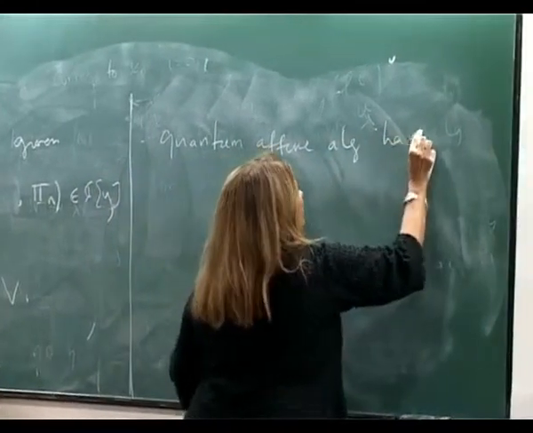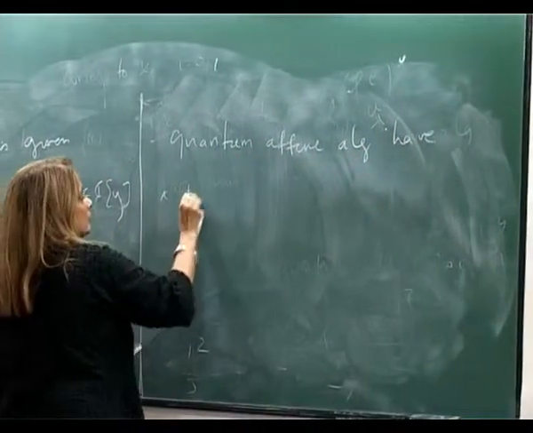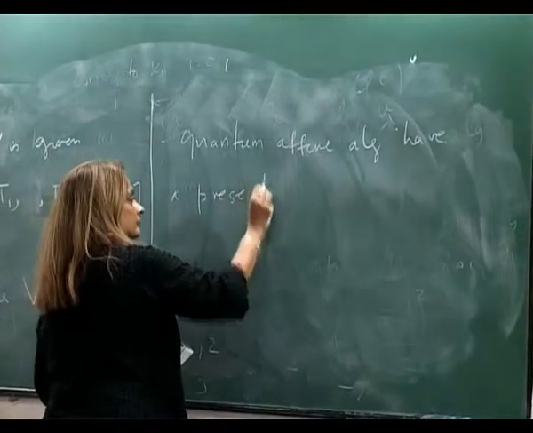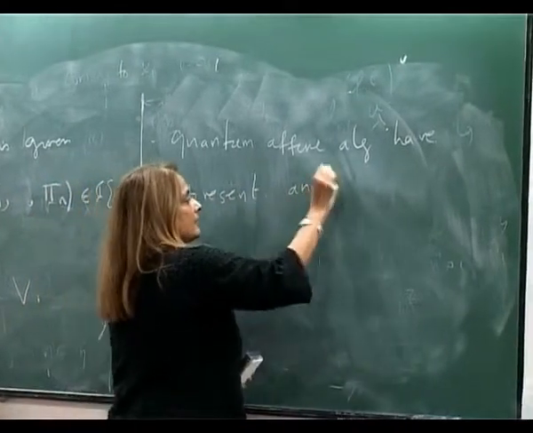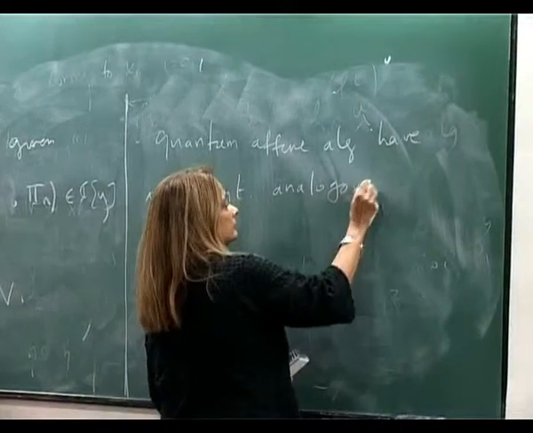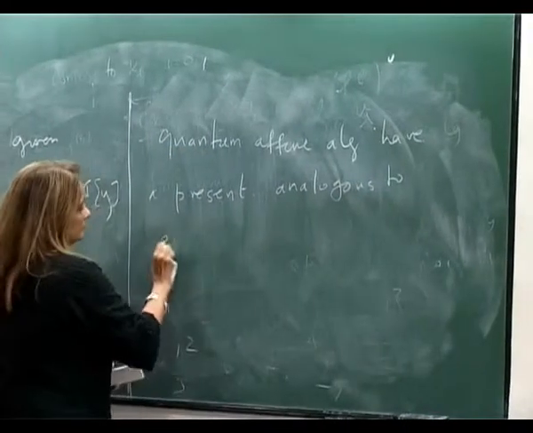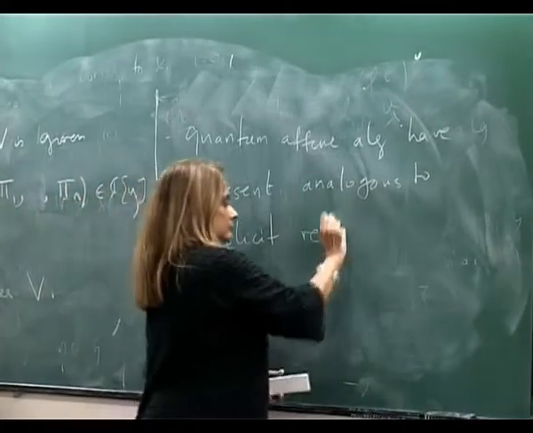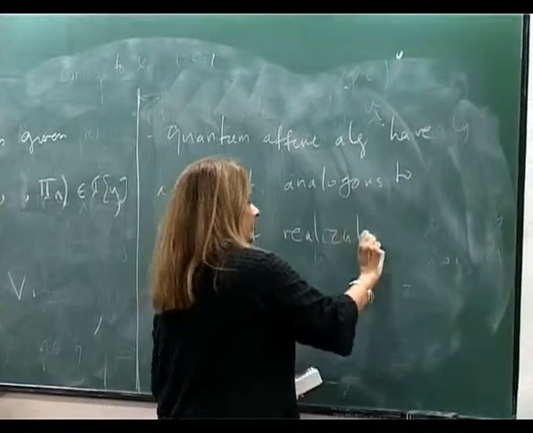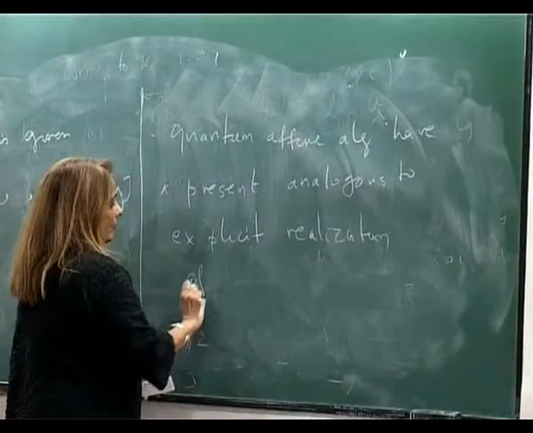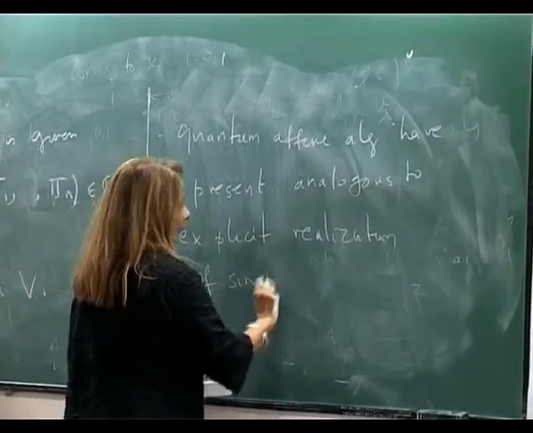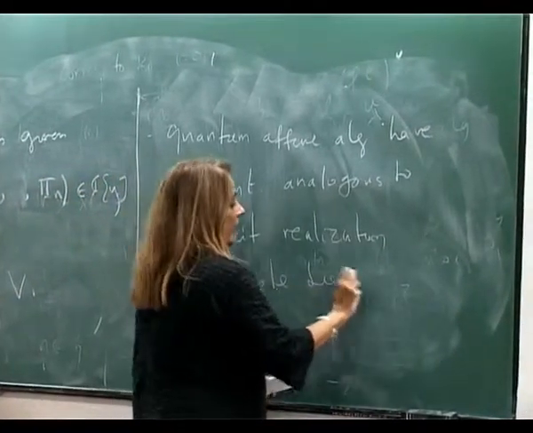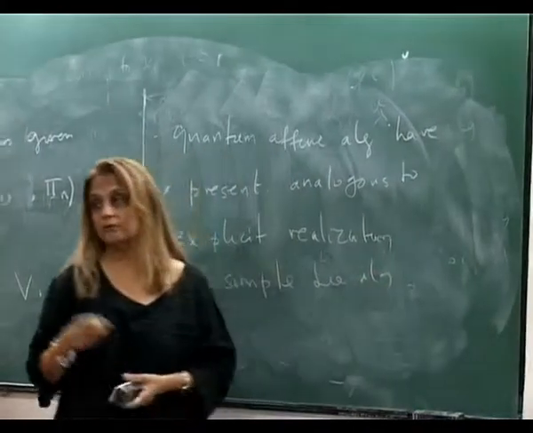They have a presentation analogous to the explicit realization. Everything is always more unpleasant when you're working in the quantum case because you have to keep track of powers of q.